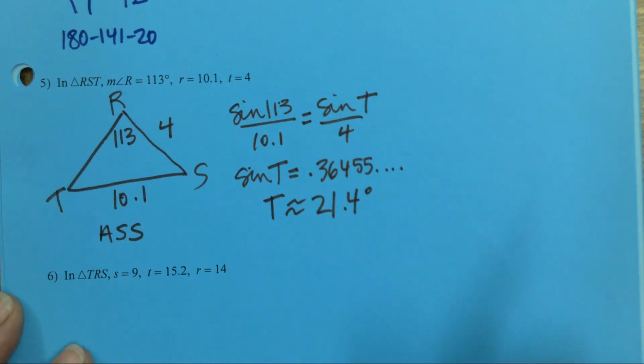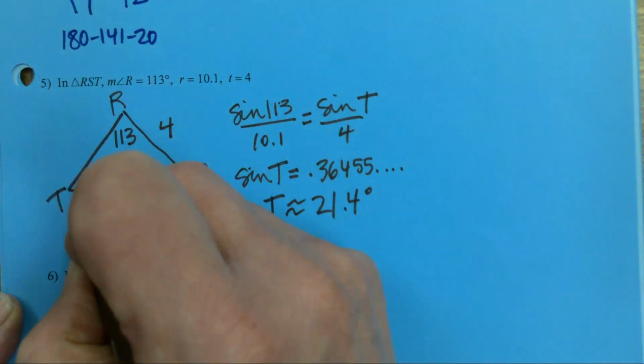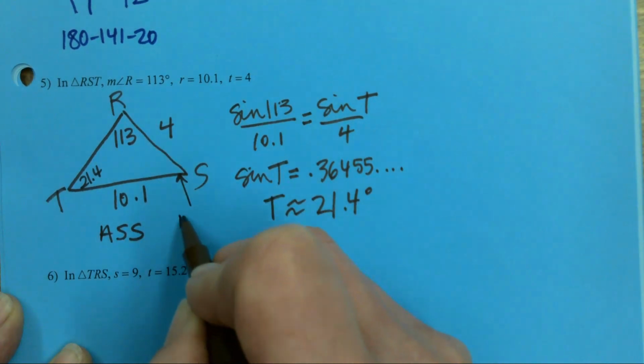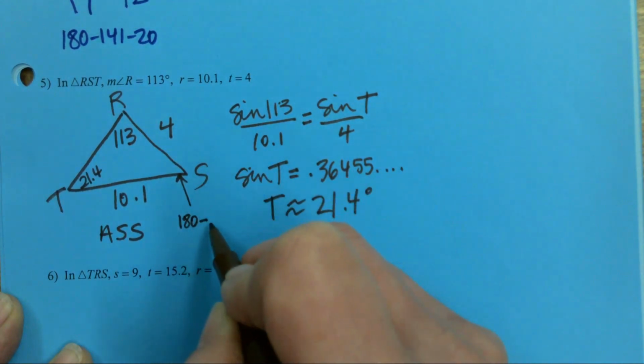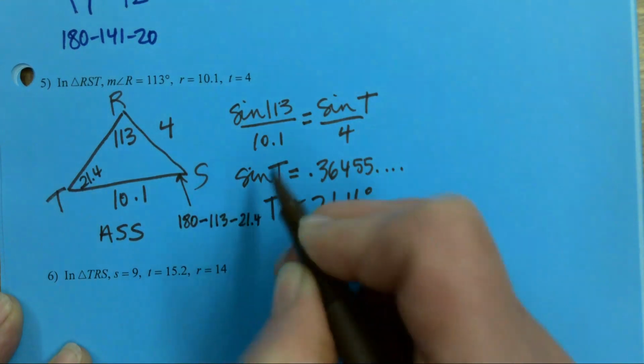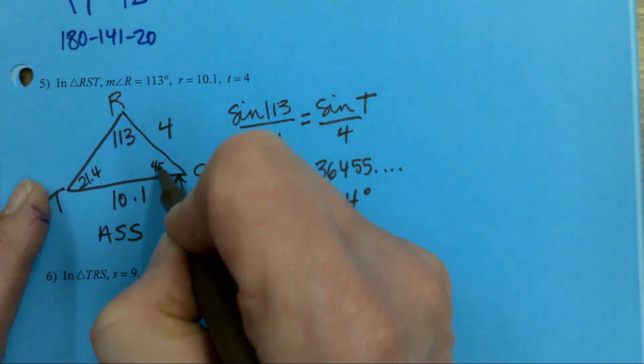Okay, so I'm going to go ahead and find angle T, or I did already. Then I'm going to go ahead and find angle S, 180 minus 113 minus 21.4, and that'll give me that angle there. And I got 45.6.